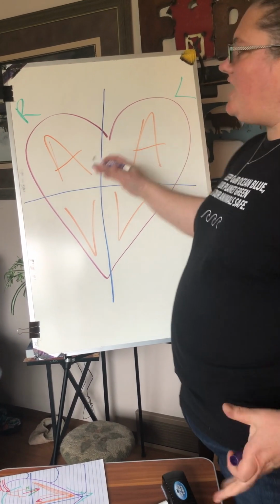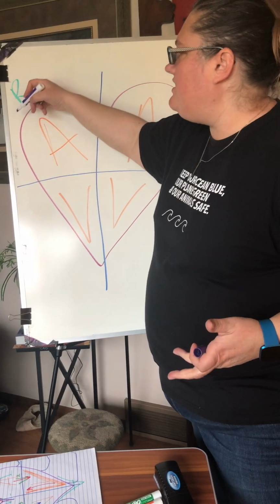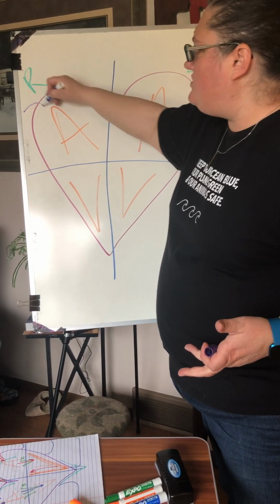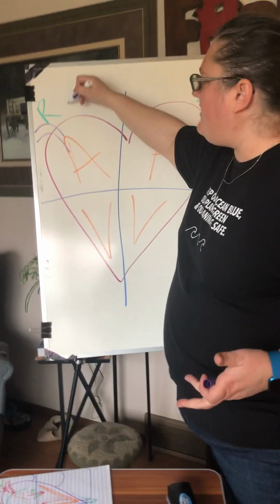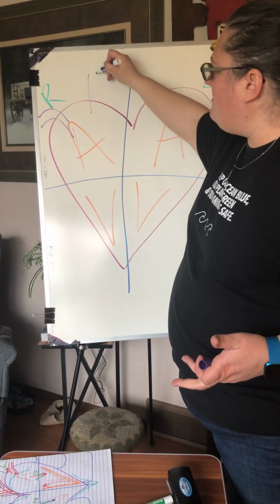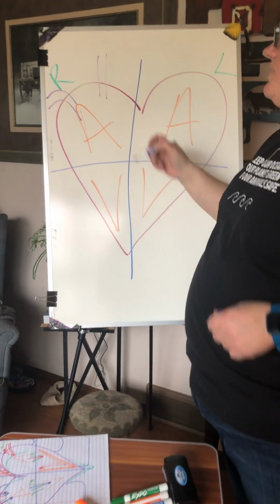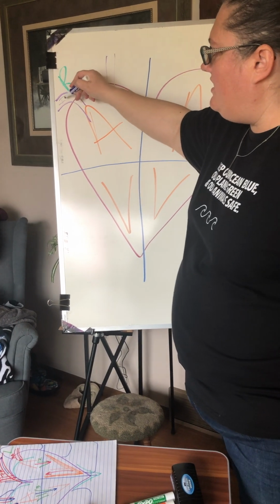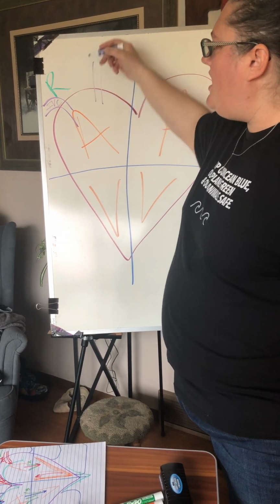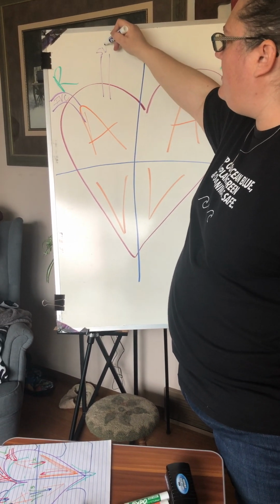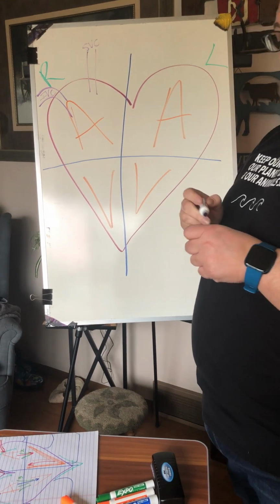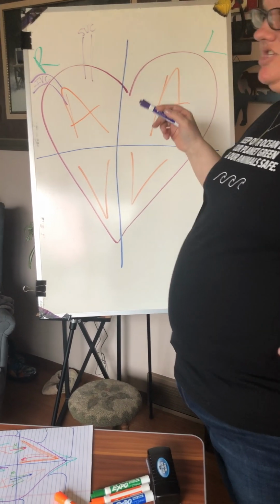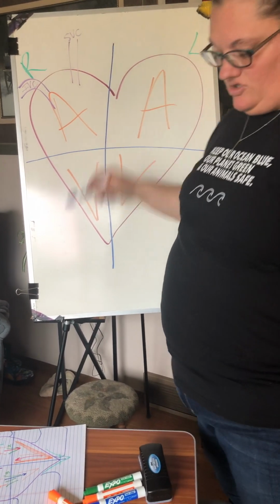So the blood comes into the heart in the right atrium. So we're going to draw our 2 vessels here that are coming into the heart. So this is the inferior vena cava, and this is the superior vena cava. And it is bringing blood, deoxygenated blood, into the right atrium.